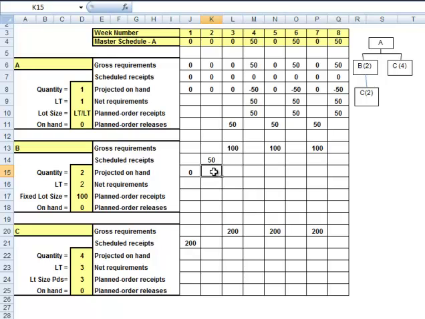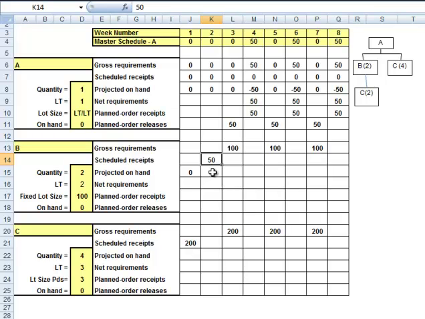So the projected on-hand in time period 2 is going to be my previous projected on-hand minus any gross requirements plus any scheduled receipts. And I have a scheduled receipt for 50 in time period 2.